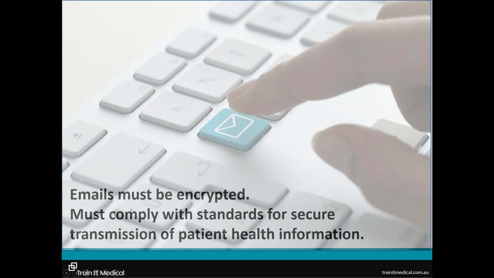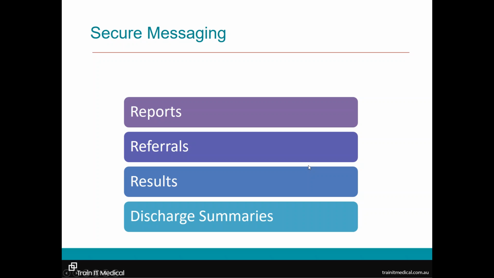So when we're emailing, they must be encrypted. We're not allowed to use standard email. It's got to comply with our Australian Privacy Principles. But when I asked all the practices why they were receiving electronically but not sending, they all said they just didn't know how to use it, or they hadn't taken the time.